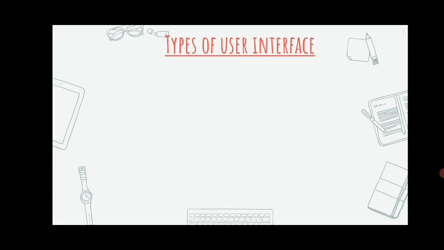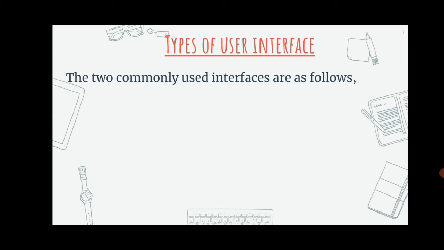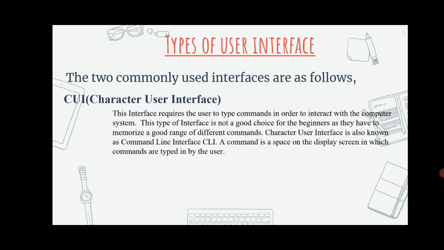We have two types of user interface. First one is CUI, character user interface. This interface requires the user to type commands in order to interact with the computer system.